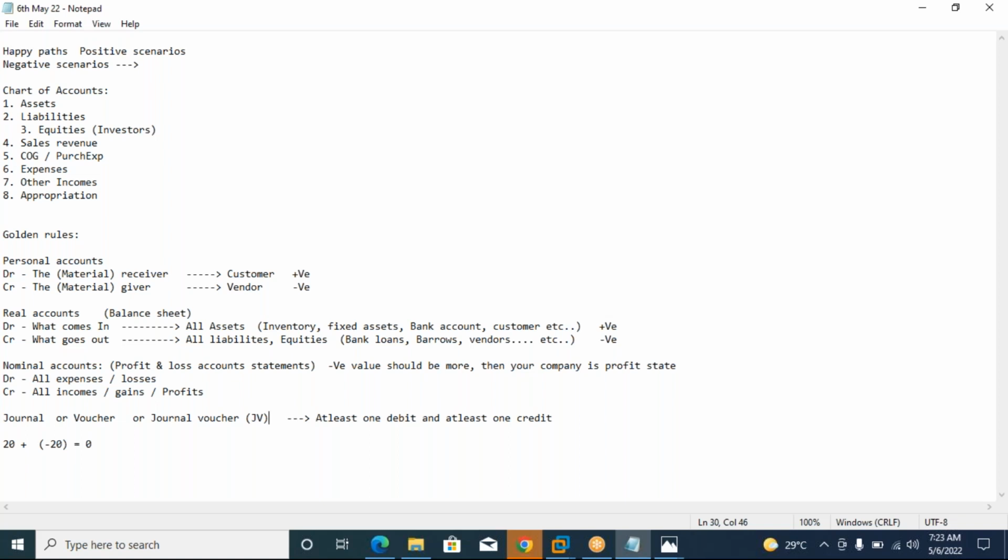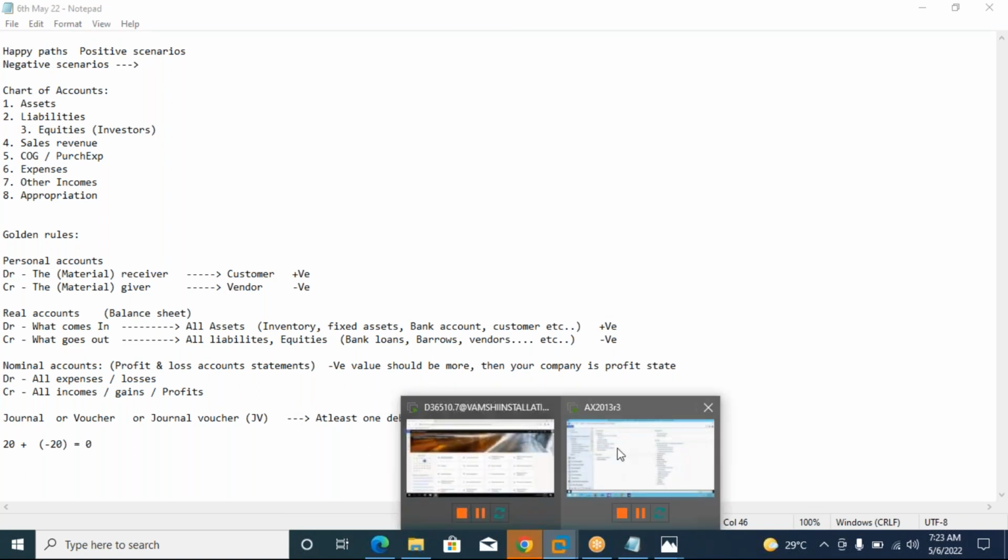Debits and credits are always equal. In any voucher, in any ERP, not only Dynamics, total debits and total credits should be equal, the difference should be 0.